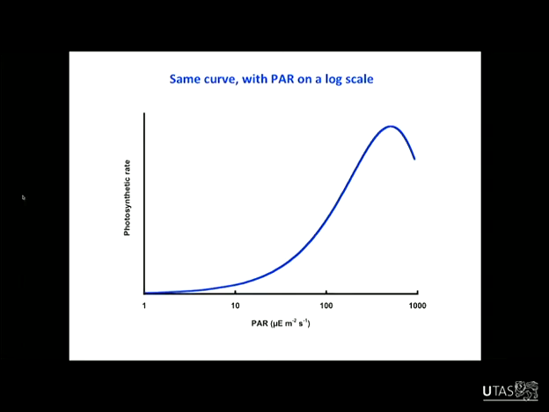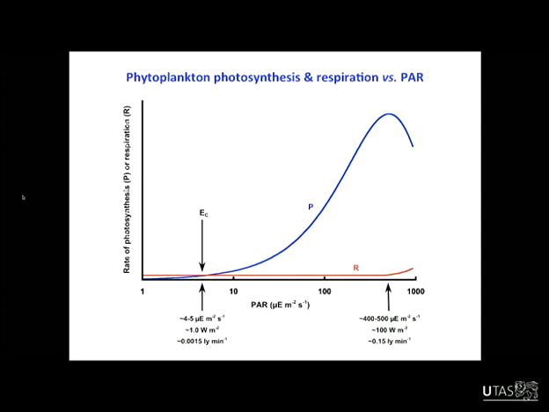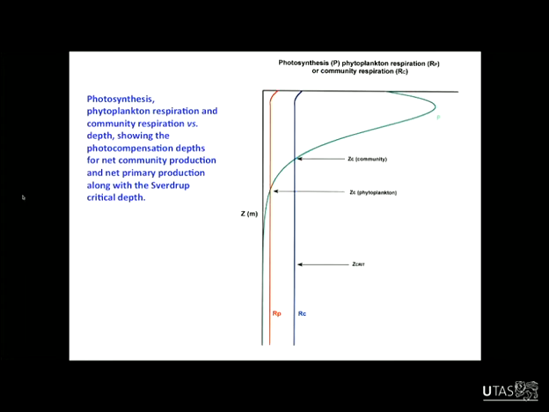And now, if this is the surface of the ocean, this is depth, we can sort of flip this plot around to show us what the vertical profile of photosynthesis might look like in the ocean, and that's what this is here. So we're going from the surface with depth, and we've got some photoinhibition at the surface, but basically we've got an exponential decrease of light and photosynthesis going down through the water column.